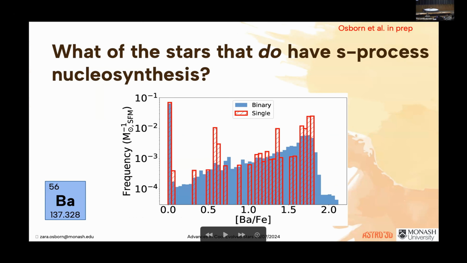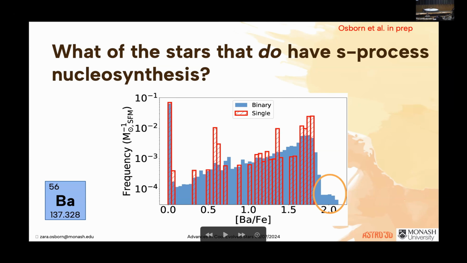If we compare the blue, which is our binary star population, to the red hash, which is our single star population, we can see that there's very little change in the abundances of our stars, with the exception of a rare case where we have some S process enhancement.